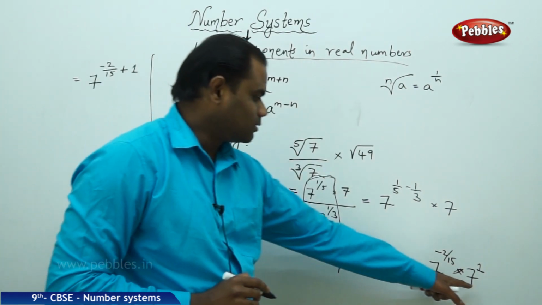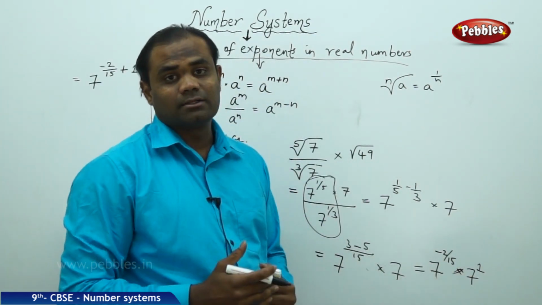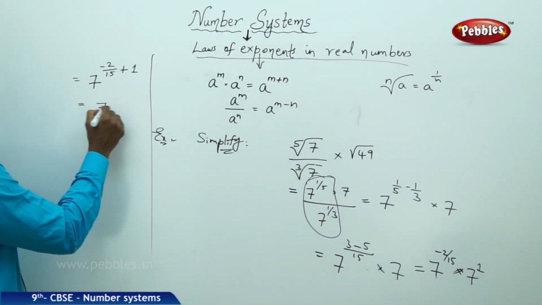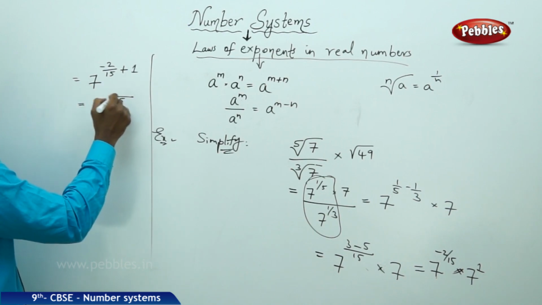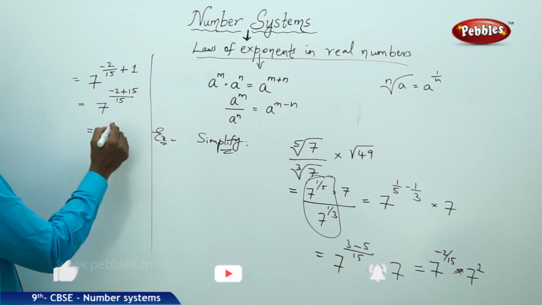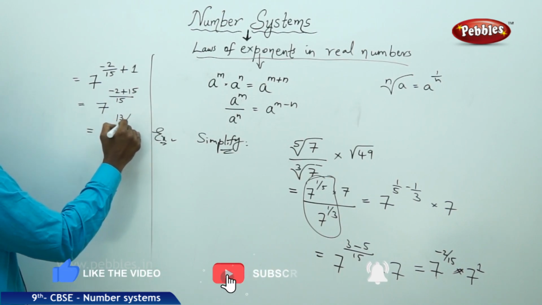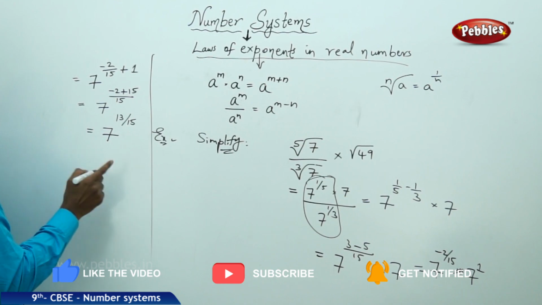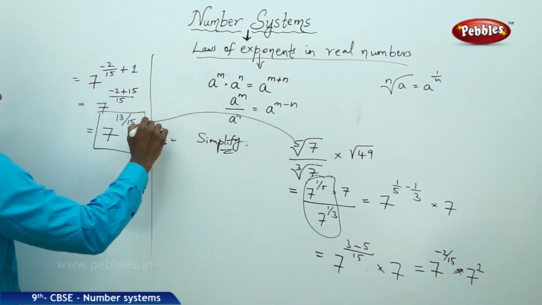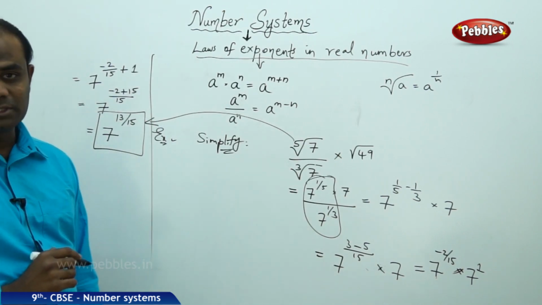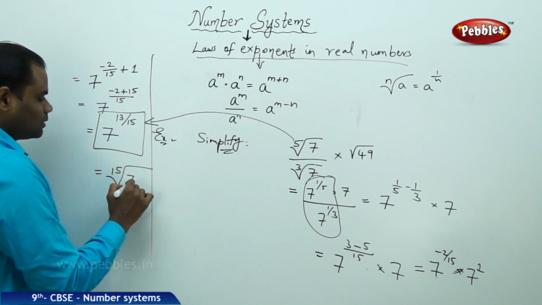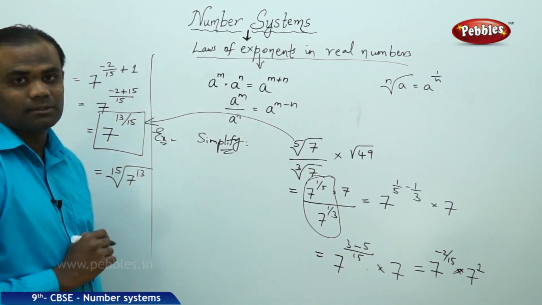When the two bases are equal, the powers are added in the product, which on further simplification gives minus 2 plus 15, which on further simplification gives 13 over 15. And therefore my complete simplified process of this problem is 7 power 13 by 15, or this can also be written as 15th root of 7 power 13.